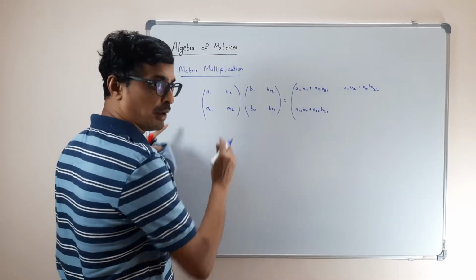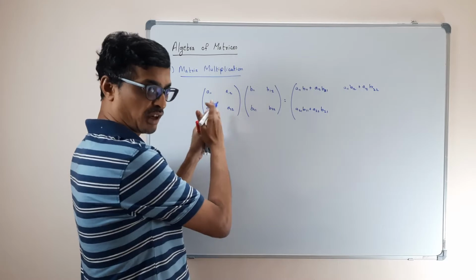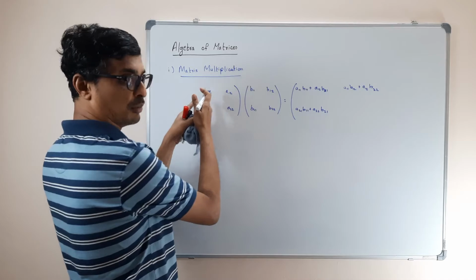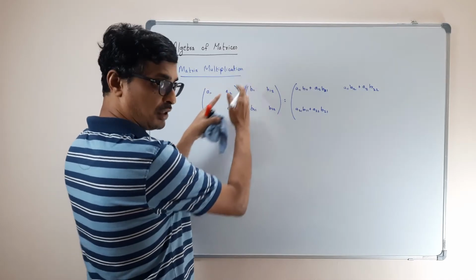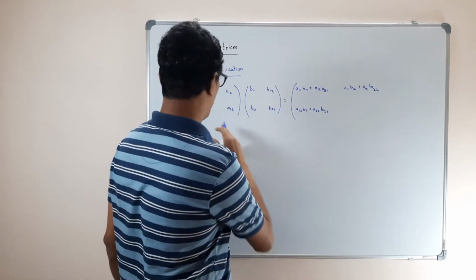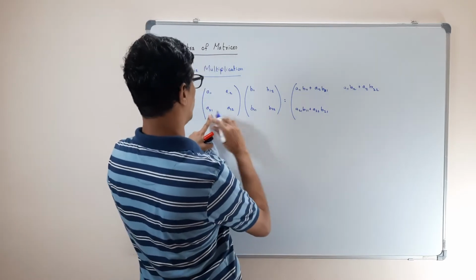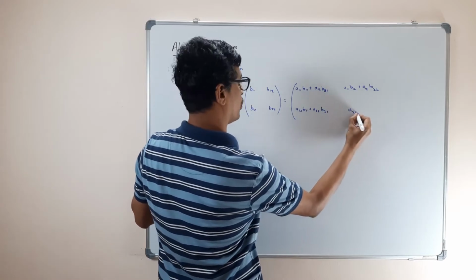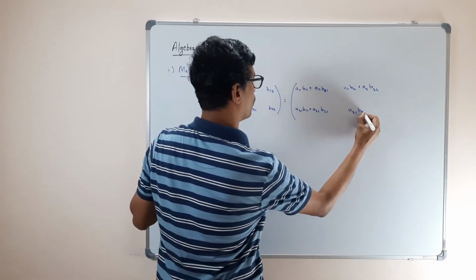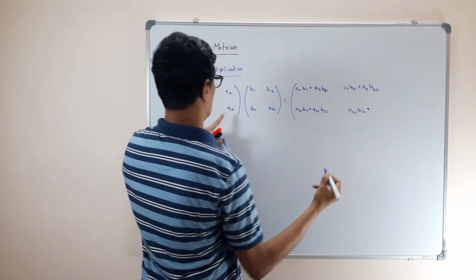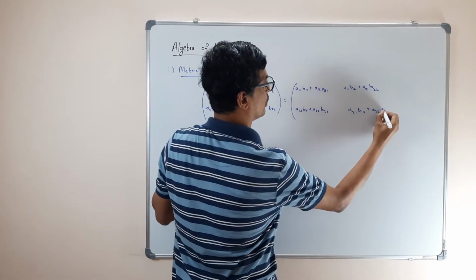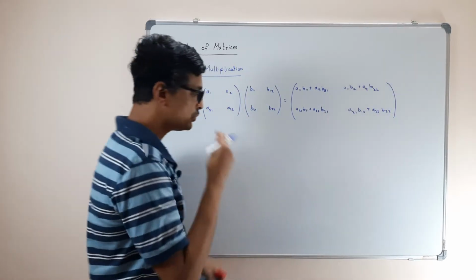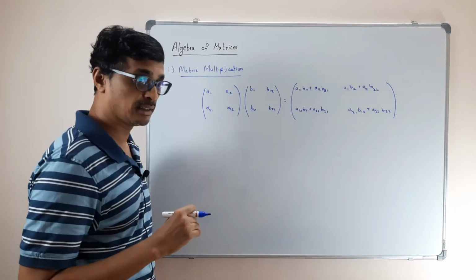This is important. Never reverse it. It is a very common mistake: people sometimes use the row here and the column here. Always remember, the first one is row, the second one is column. And the last one is A21 B12 plus A22 B22. Correct? So this is the way the matrix can be multiplied.